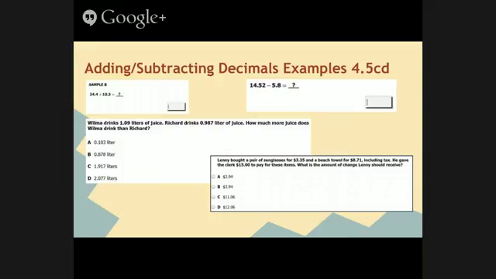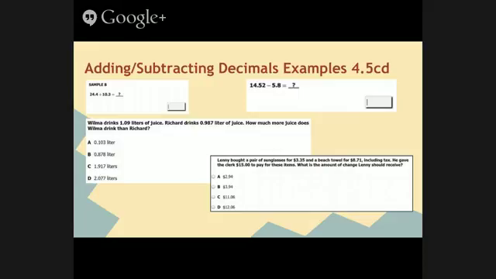I believe that one's the correct answer. That one would be if they didn't borrow correctly. That one would be if they added and didn't borrow correctly, and that's if they added and borrowed correctly. So you can see all 4 answers are obtained in some way.